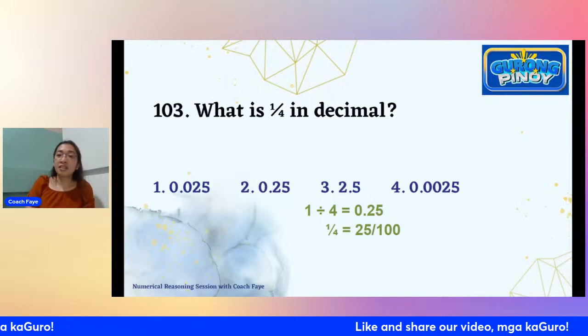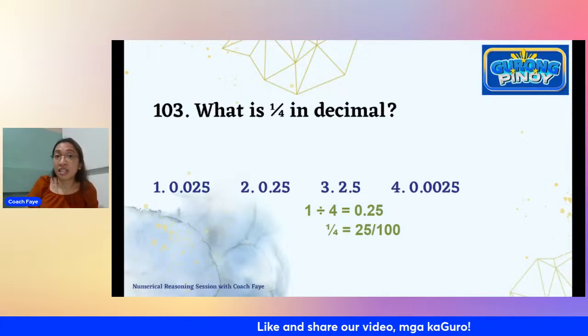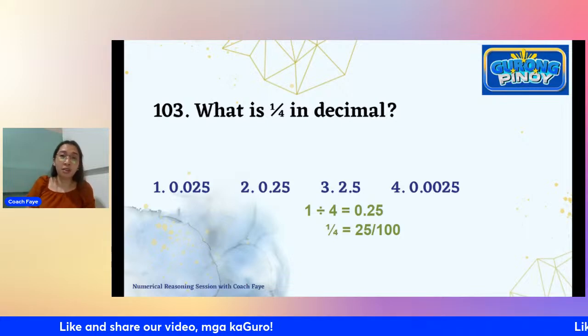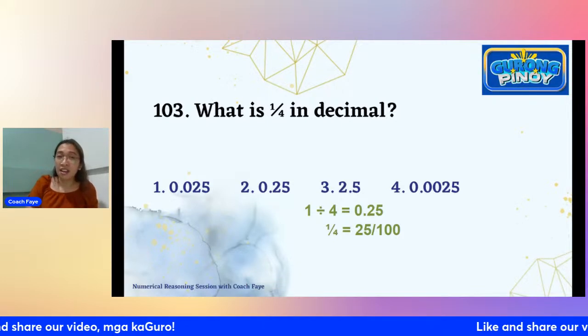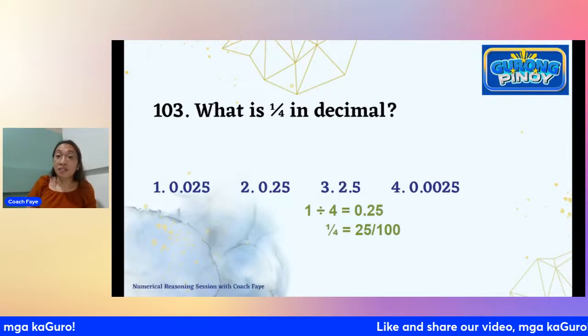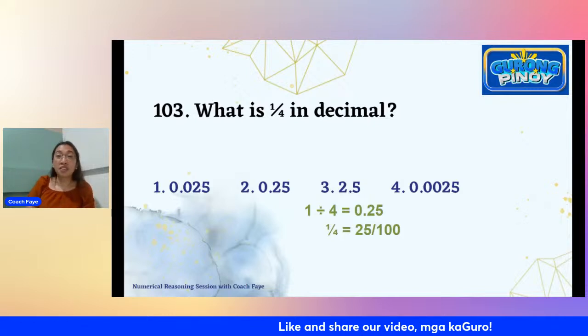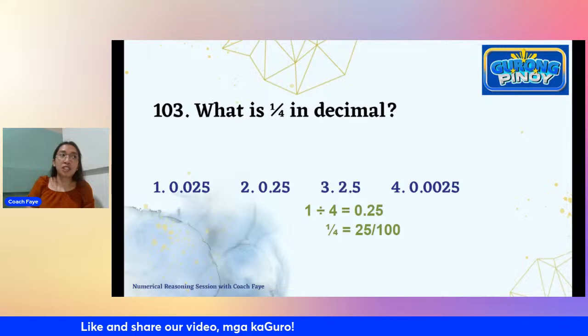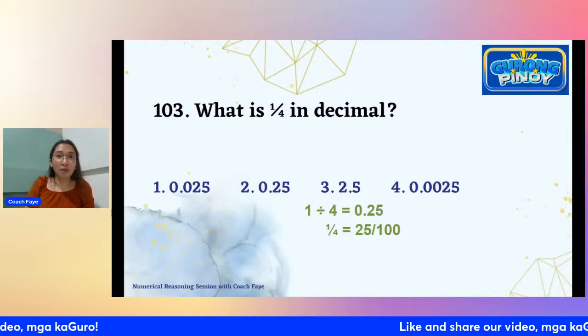I would also recommend that you memorize the basic decimal forms such as 25% is 1/4, 50% is 1/2, 3/4 is 75%, 33.33% is 1/3, and 66.67% is 2/3. Memorize those.